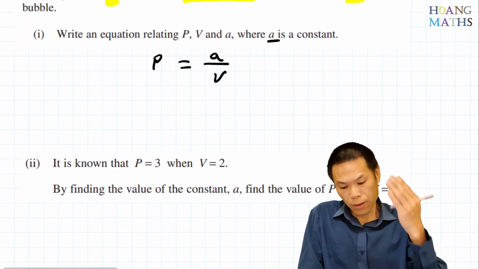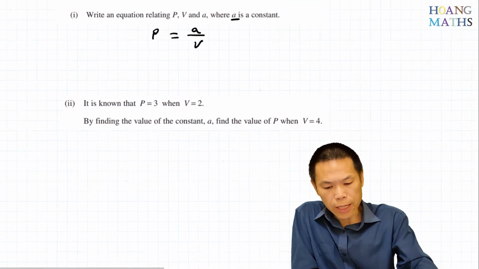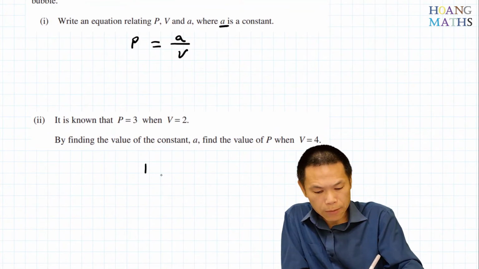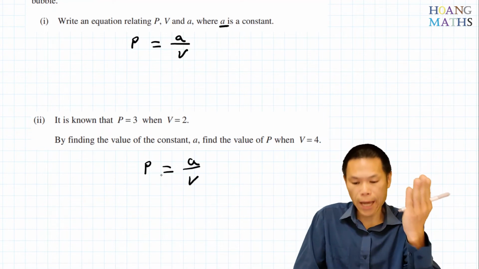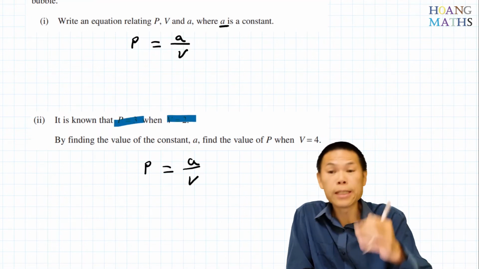So now we need to find the constant A. Now to find the constant A, we already have the general rule. So P is equal to A over V. And don't forget A is a constant. So therefore, we have P is equal to 3.